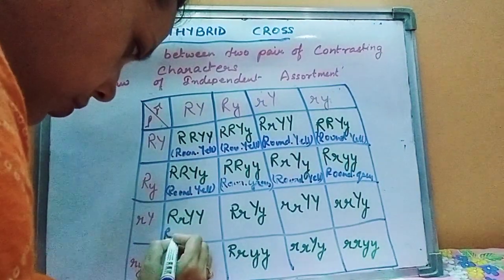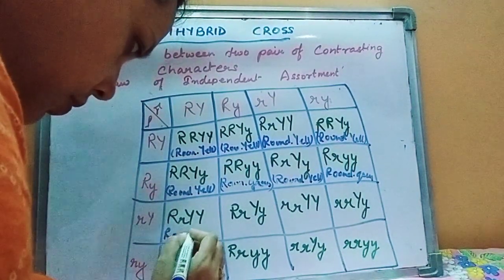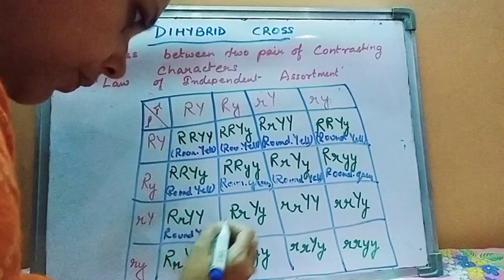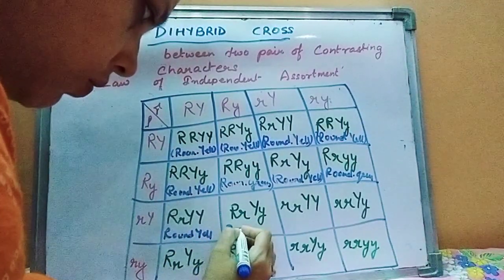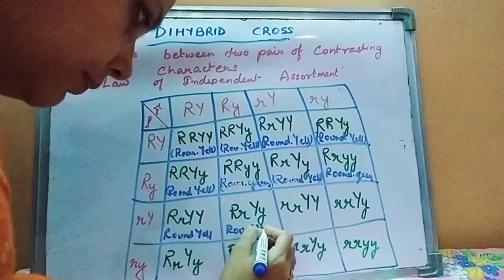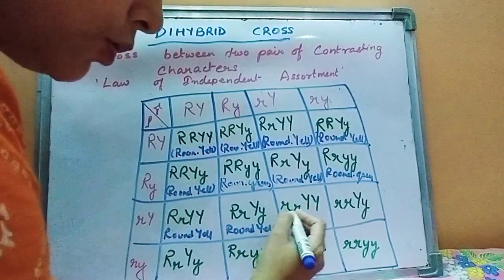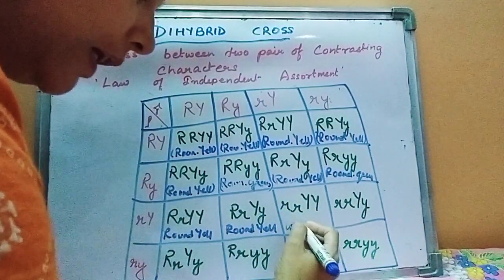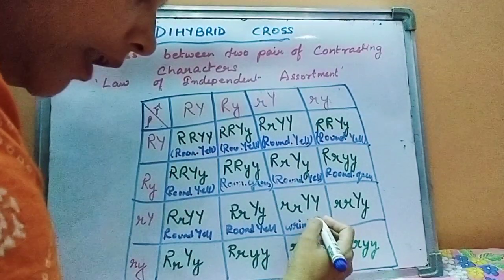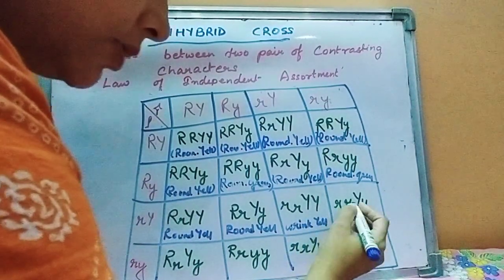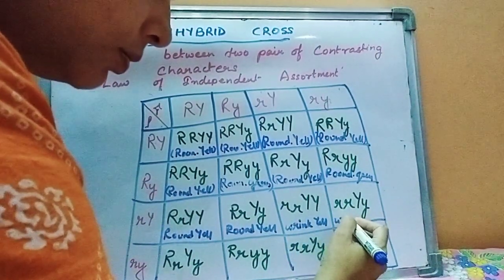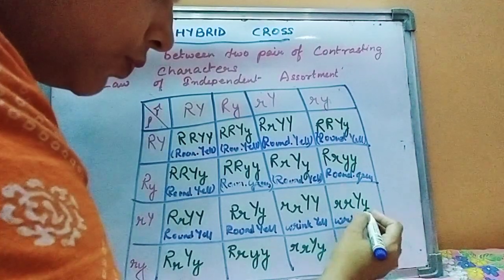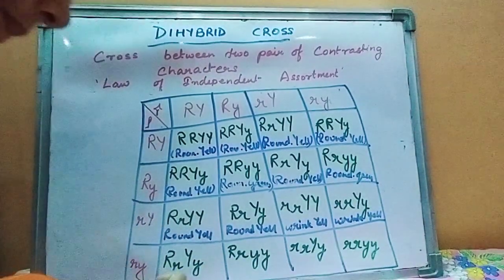This is round yellow. This is also round yellow. This is smaller. Remember, no capital R, so it will be wrinkled yellow. This is also wrinkled yellow. In this way, you have to understand the phenotype.